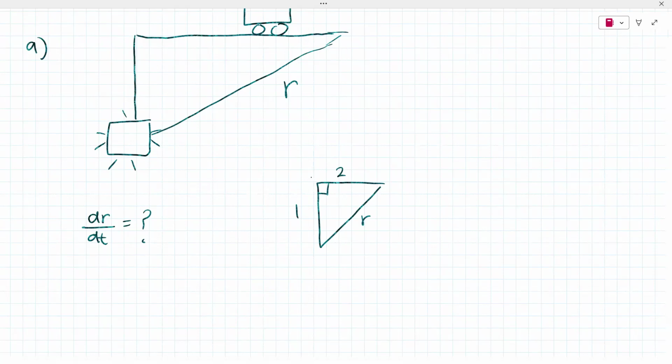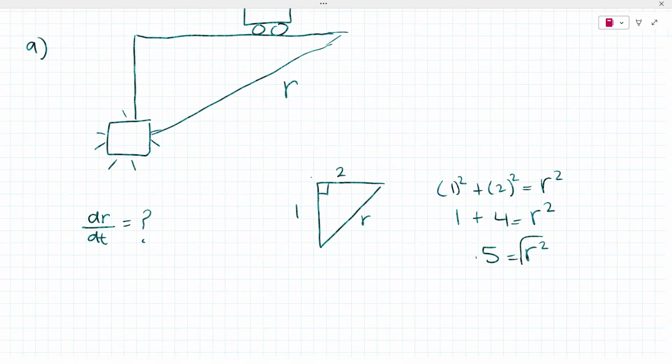Since this is a right triangle, we can use the Pythagorean theorem. So it would be 1 squared plus 2 squared equals r squared. 1 squared is 1, plus 2 squared is 4, equals r squared. 1 plus 4 is 5, equals r squared.